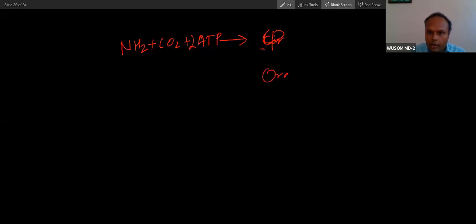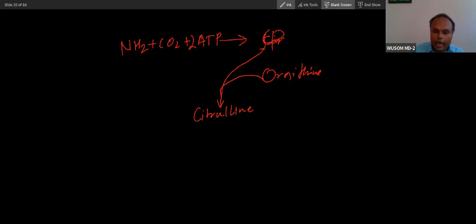Ornithine and carbonyl phosphate will join, and this forms citrulline. The first enzyme is CPS, carbonyl phosphate synthase.